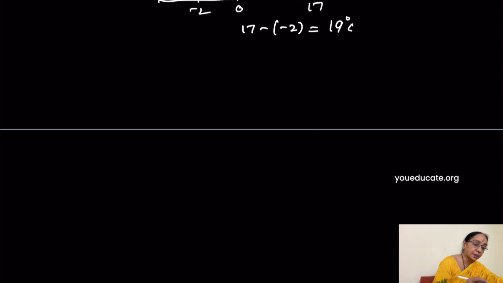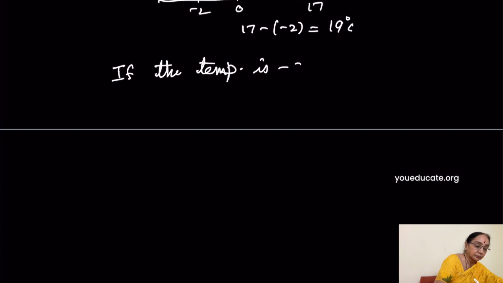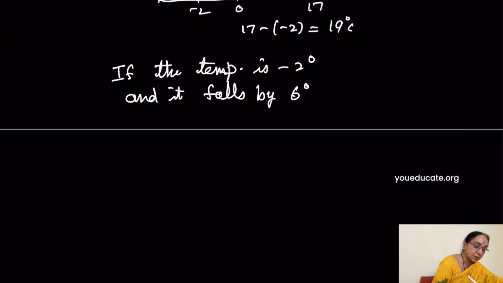Now, sometimes they can ask you for the new temperature or the new quantity. So if the temperature is at minus 2 degrees and it falls by 6 degrees, then what is the new temperature?